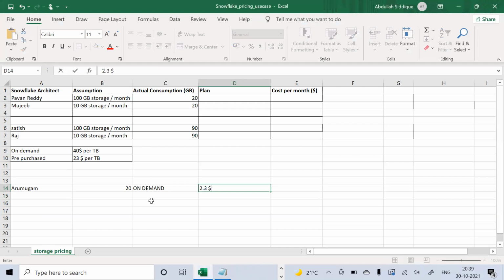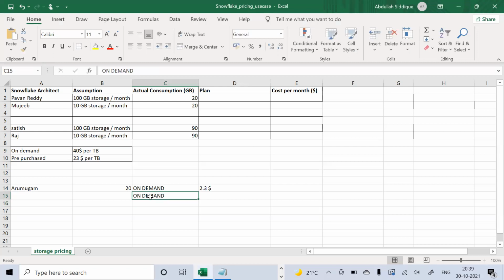For the first case, and for the second case you are also saying you will go for on demand, right? No, for the second case we have to go with pre-capacity. Let's wait for Arumugam. So Arumugam, you are saying on demand for the second case, right? Correct.